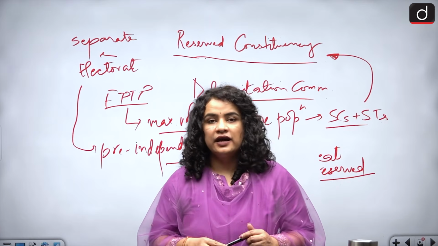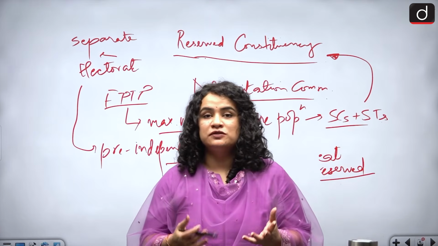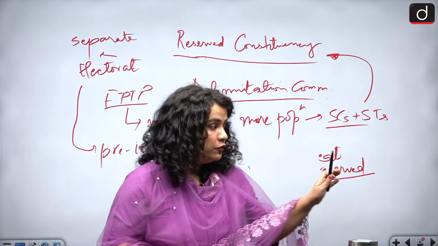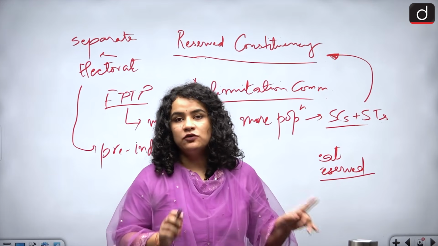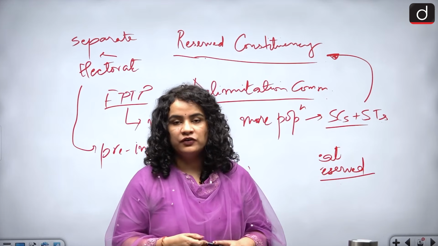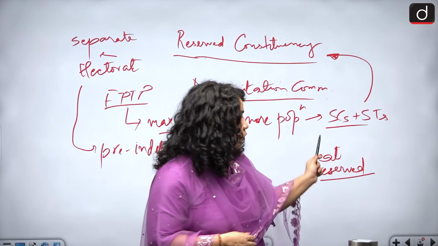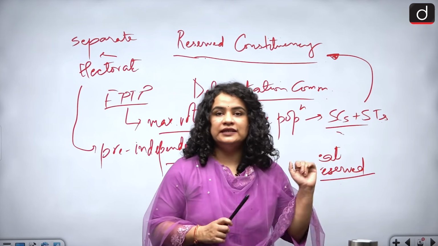And again, like I said, our forefathers were very well aware that such a situation might arise, and therefore they came up with the idea of reserved constituency, which means that everybody in that constituency, irrespective of their strata, their community, their religion, or their caste, is going to vote for these candidates.